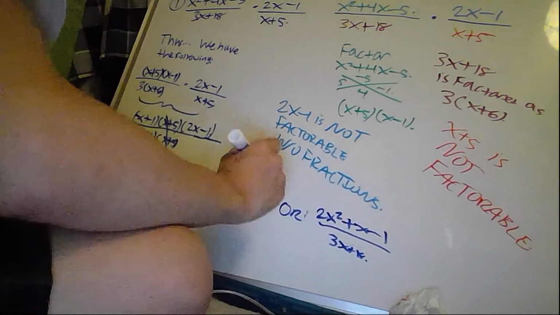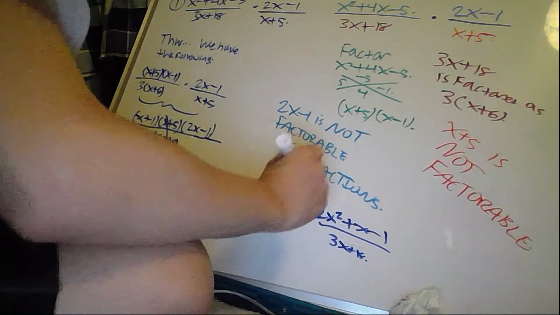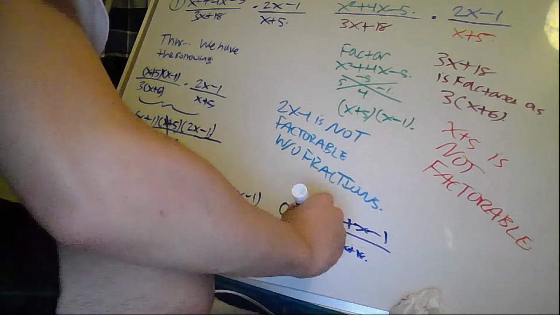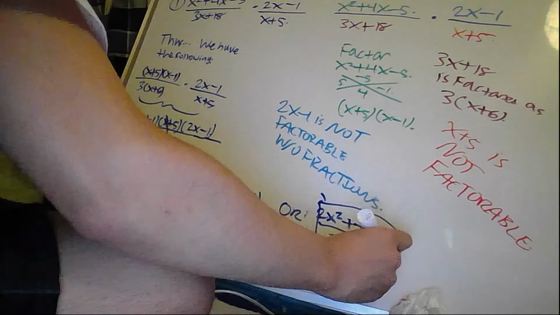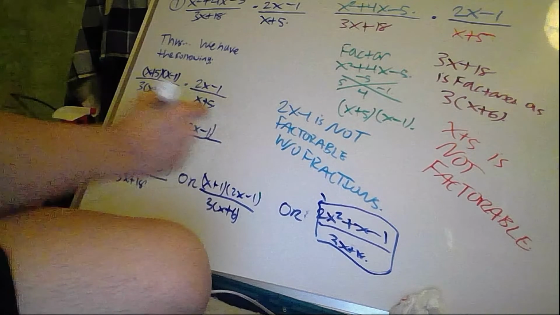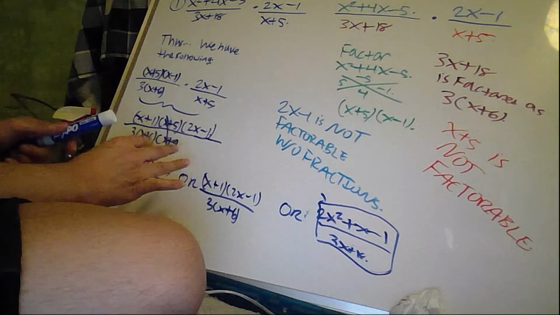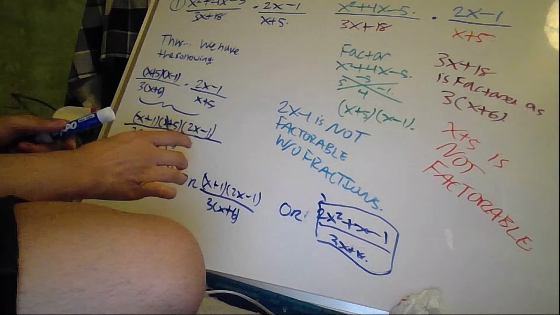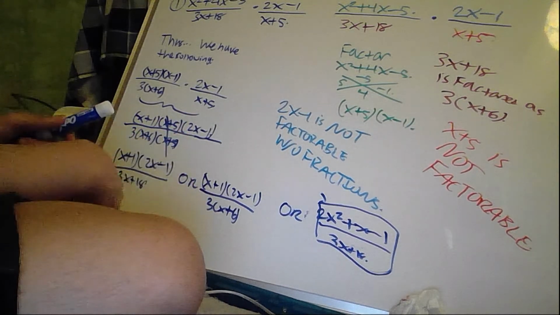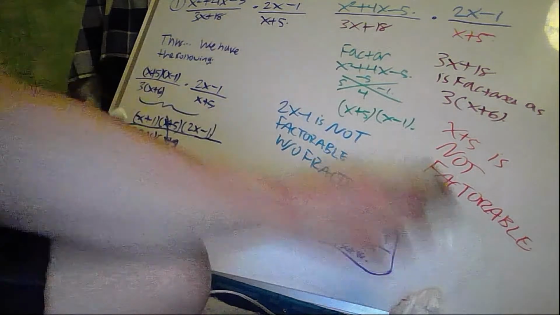It doesn't matter. These are all equal, okay? There's nothing that cancels out anymore, so you can write it however you want. But if it's multiple choice, you want to make sure that you factor everything and you see, okay, which one is equal to this, okay? So that's how you do this one.